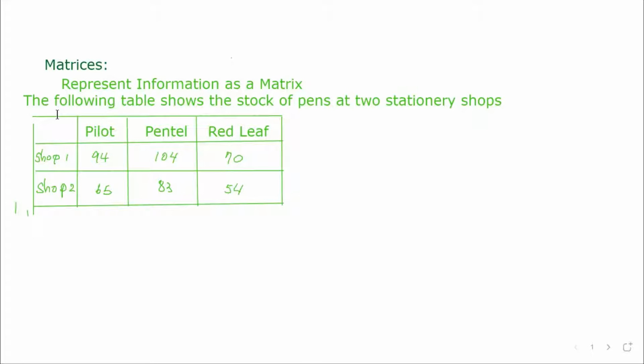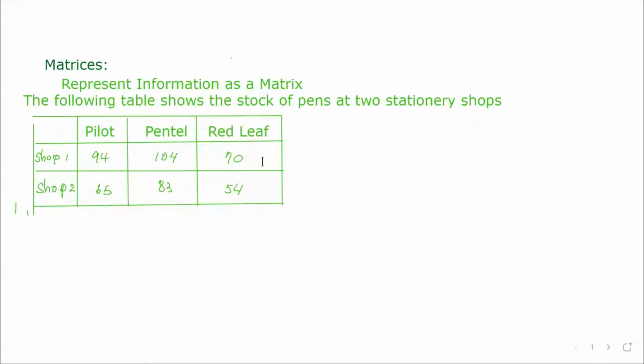The following table shows the stock of pens at two stationery shops. We have two shops, but they have three kinds of pens. On the top here is the name of the pen: Pirate, Pentel, and Red Leaf. Shop one has 94 pieces of Pirate, 104 of the second type, and 70 of Red Leaf.